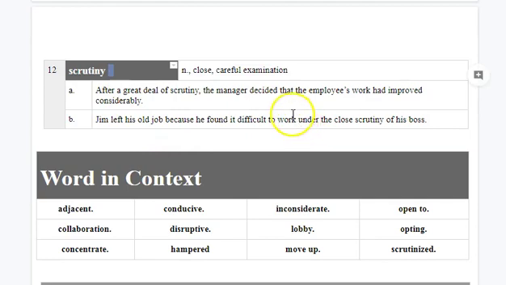Scrutiny, now, close, careful examination. After a great deal of scrutiny, the manager decided that the employee's work had improved considerably. Jim left his old job because he found it difficult to work under the close scrutiny of his boss.